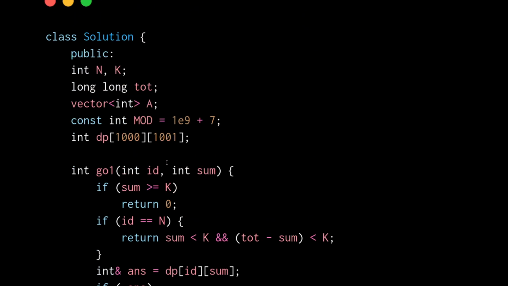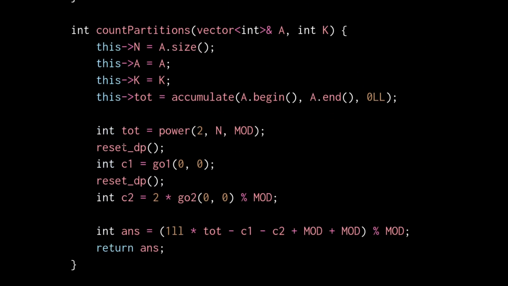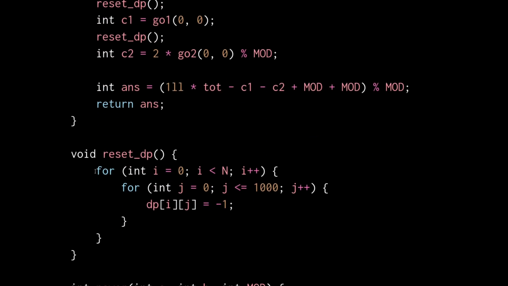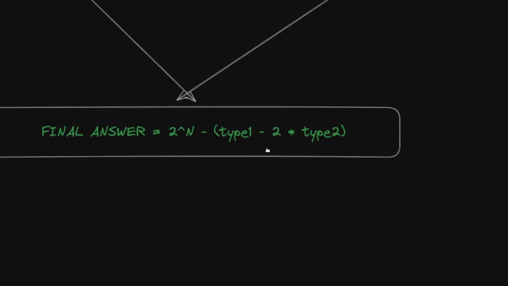Since I'm only using a single table for both of these recurrences, I need to reset it before calling the other functions. Reset dp is simply going to update the values to -1, which is an unvisited state, and c1 and c2 are the counts of type 1 and type 2, as we saw here.